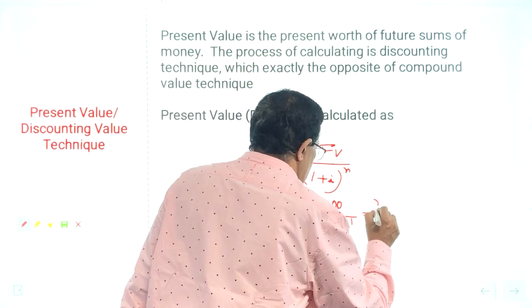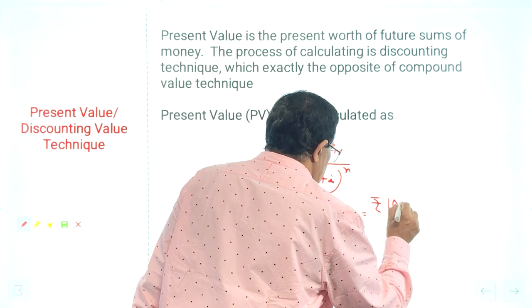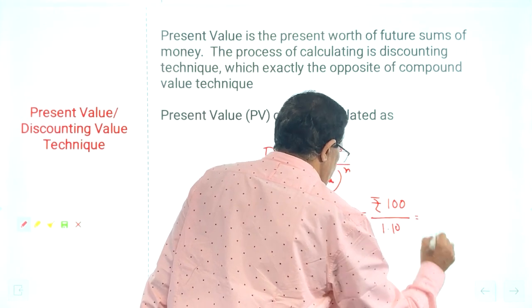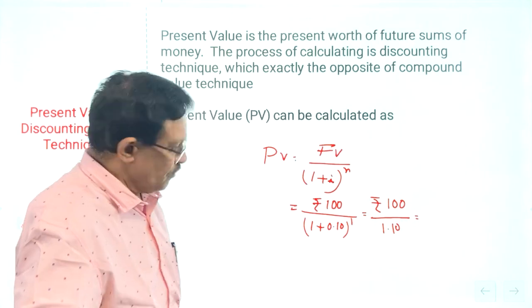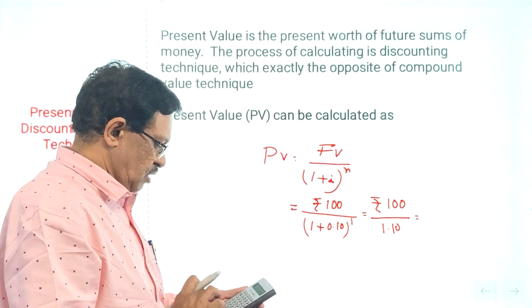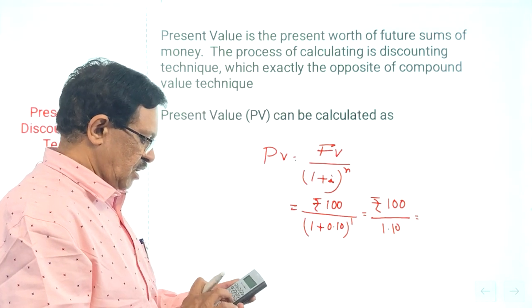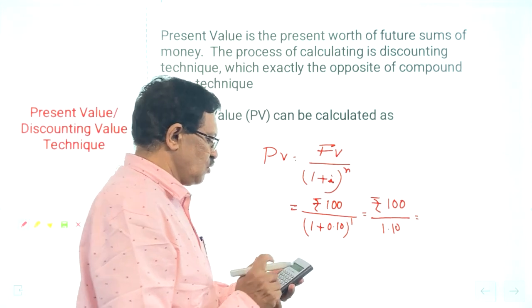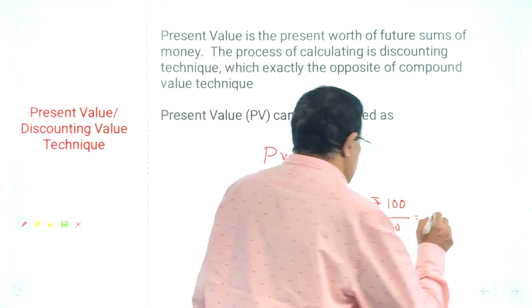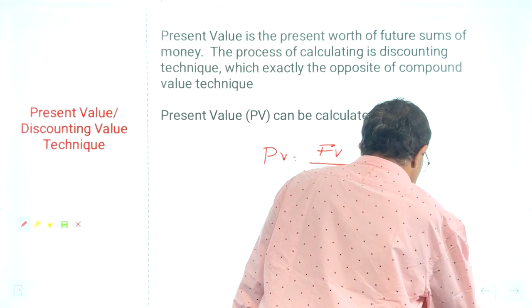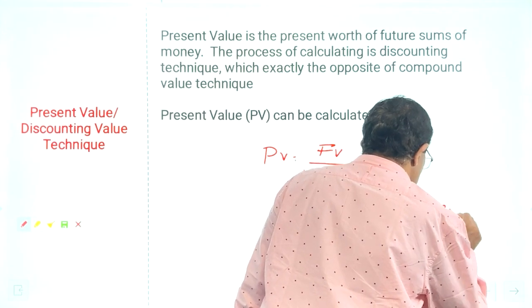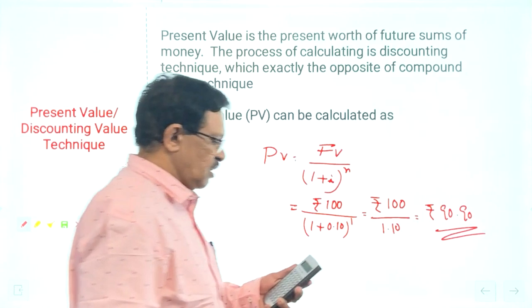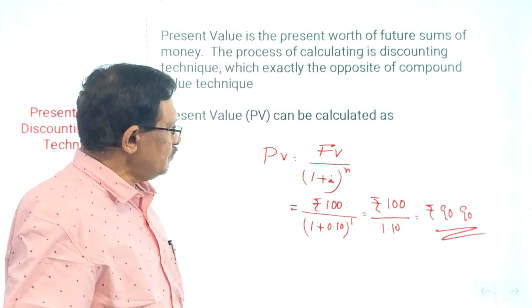So this is going to become 100 divided by 1.10, which is going to be equivalent to 90 rupees 90 paise, or 91 paise it is going to become.